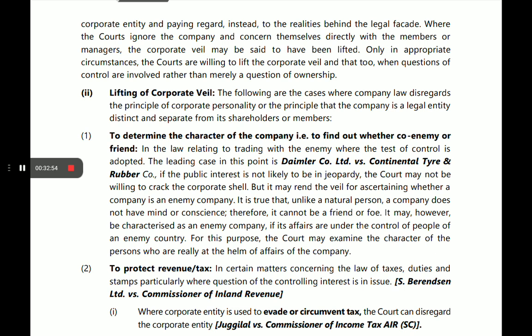Therefore, it cannot be a friend or foe. It may, however, be characterized as an enemy company if its affairs are under the control of people of an enemy country. For this purpose, the court may examine the character of the persons who are really at the helm of affairs of the company.